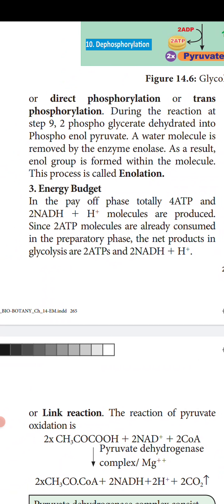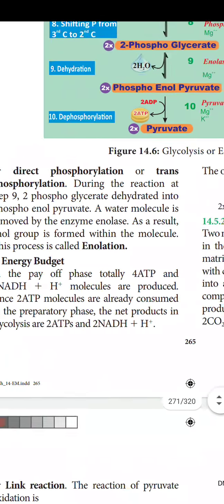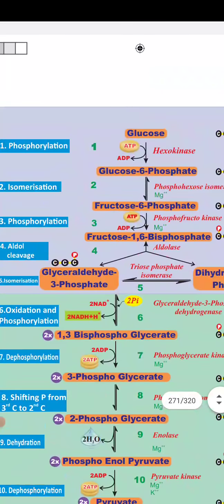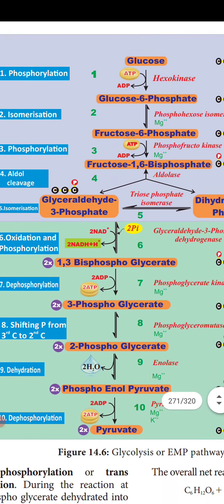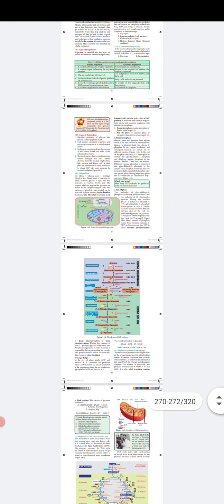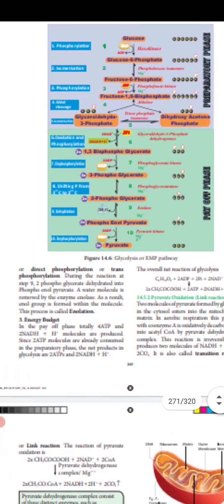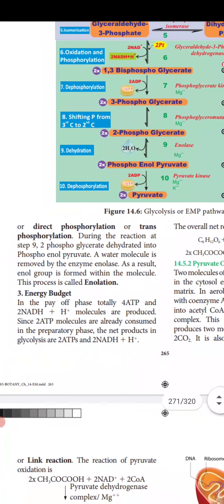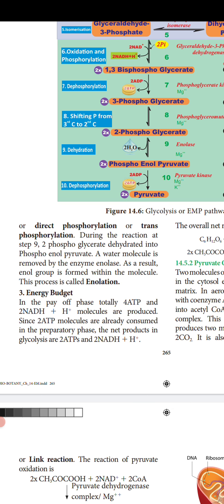So in the payoff phase, totally 4 ATPs. Here you can see on the top 1 ATP and at the bottom the 2nd ATP. So here you can see, children, that in the payoff phase, totally 4 ATPs and 2 NADH molecules are produced.